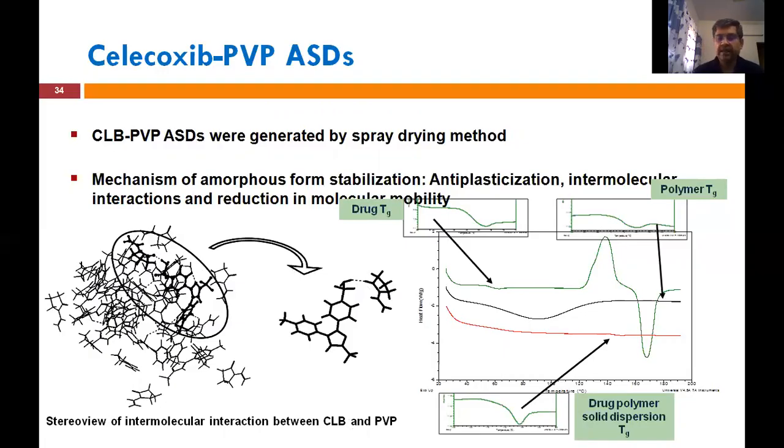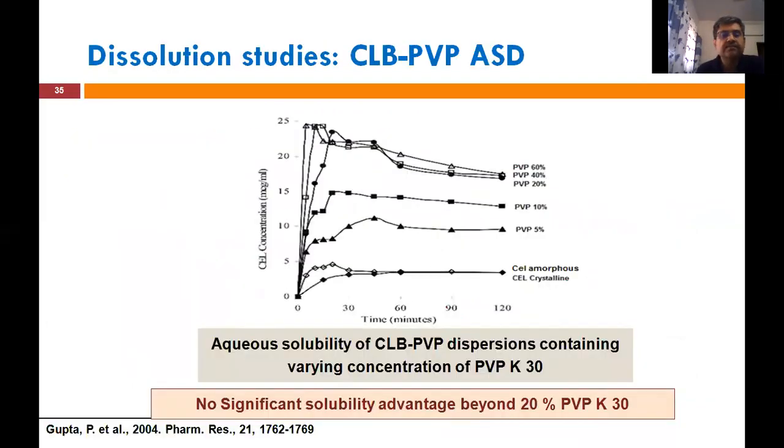Both these things, that is the antiplasticization and specific drug polymer interactions between the drug and the polymer, led to reduction in molecular mobility. And if the molecular mobility decreases, the amorphous solid dispersion will have a greater physical stability and a lesser tendency of recrystallization.